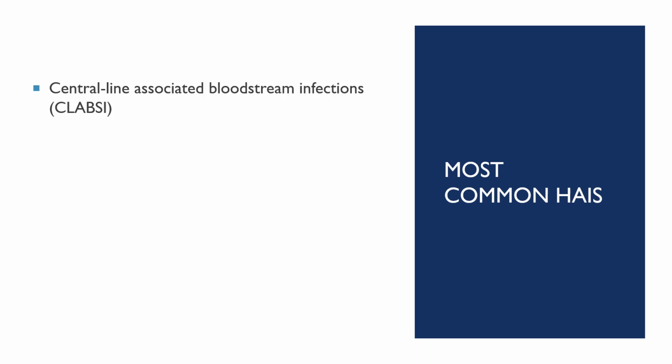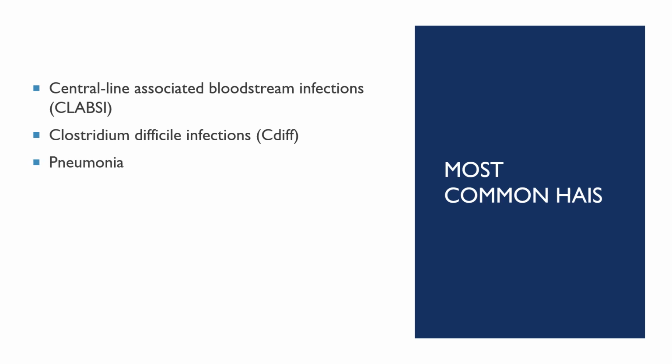Same thing with central lines. These cause bloodstream infections. They go straight to the bloodstream and the patient could get septic, bacteremia. Clostridium difficile infection: if a patient has a lot of antibiotics, they can get seeded from this. It's the most common thing after antibiotics.